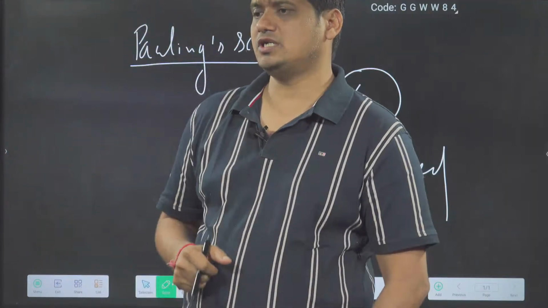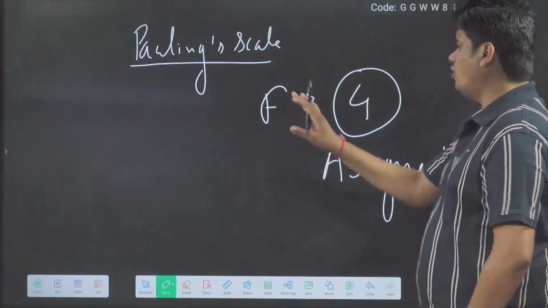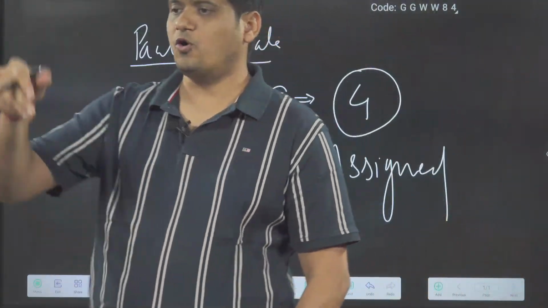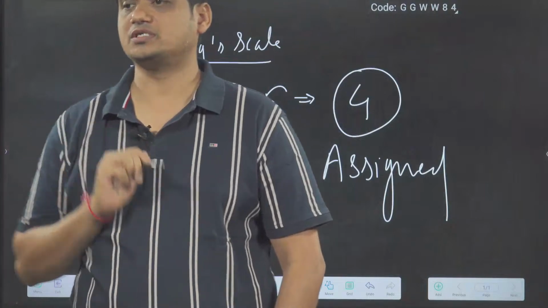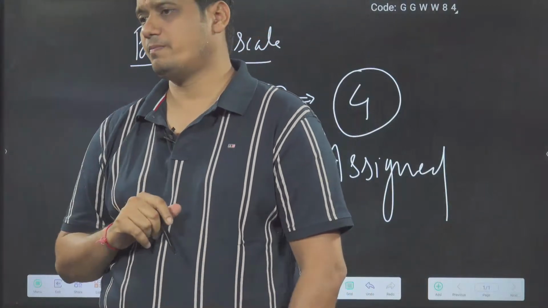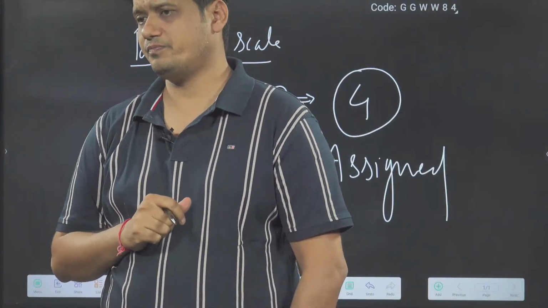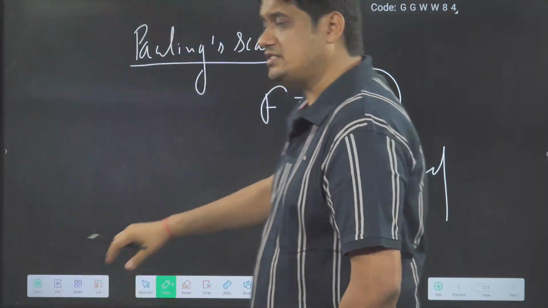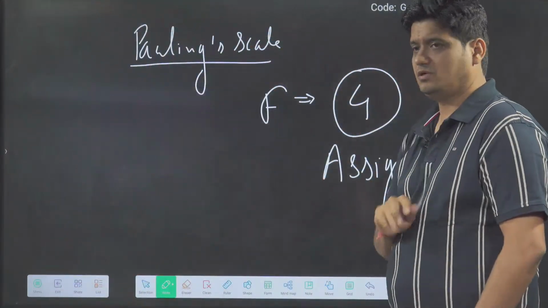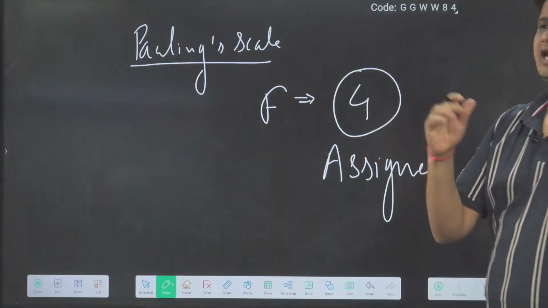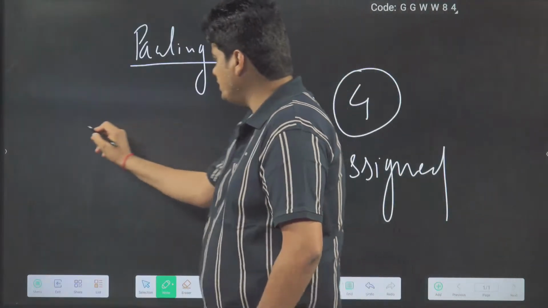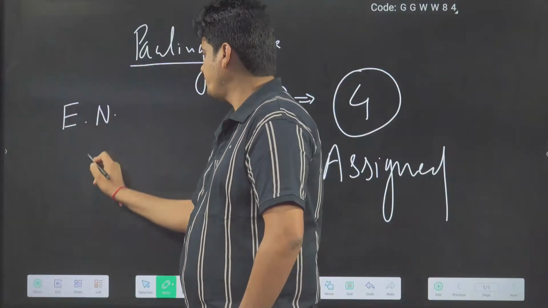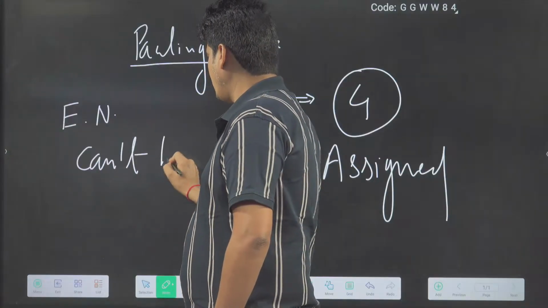Expect a question like: En of fluorine is 4, this 4 is an assigned value, a measured value, or two more options. The answer is assigned, not measured. Electronegativity cannot be measured.